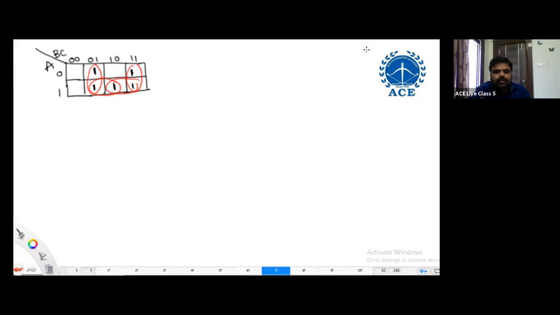Let me use annotation. In these, how many groupings are having special cubes?